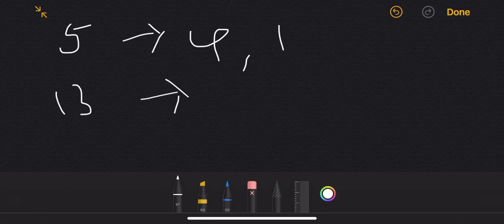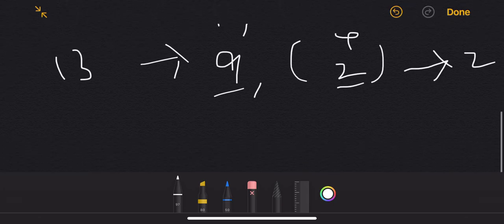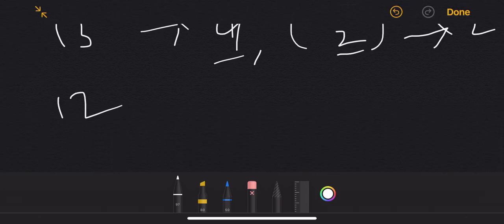The nearest perfect square is 9, the residue left is 4, and 4 can be split again, but that is not needed because 4 is already a perfect square, since the square root of 4 is 2, and we return 2 here. The greedy solution worked here also.